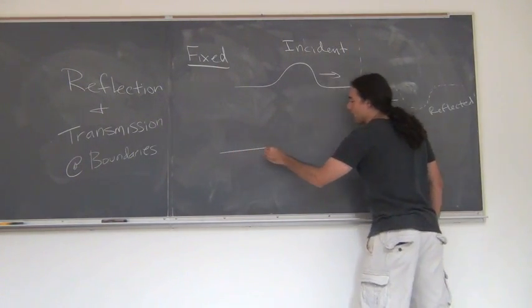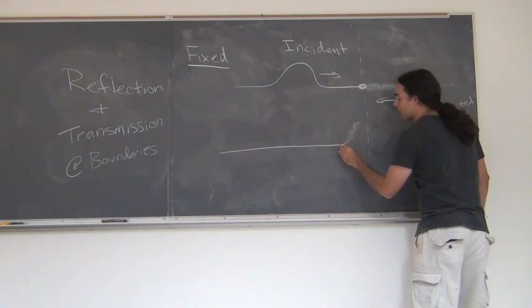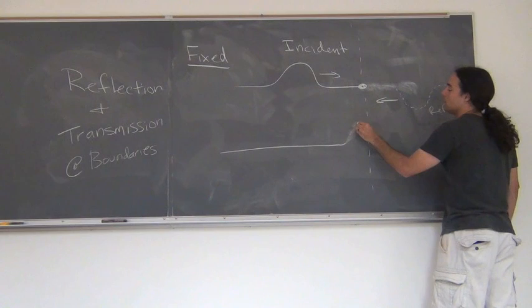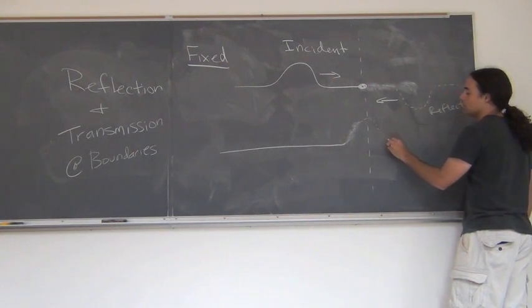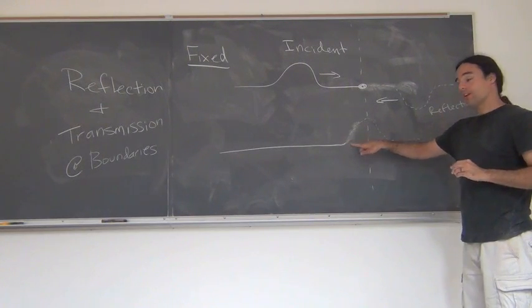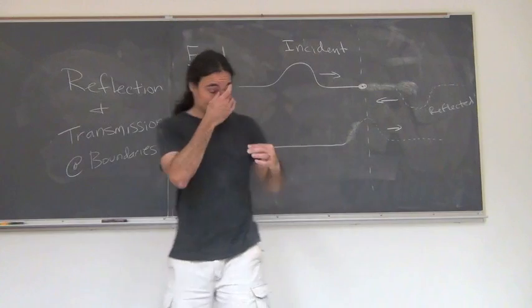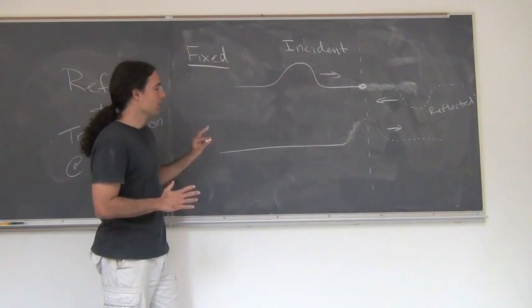So, here's my incident wave. I'm going to draw my incident wave with a dotted line now. My incident wave is pointing up and moving to the right. That's fine. Nothing bad there.